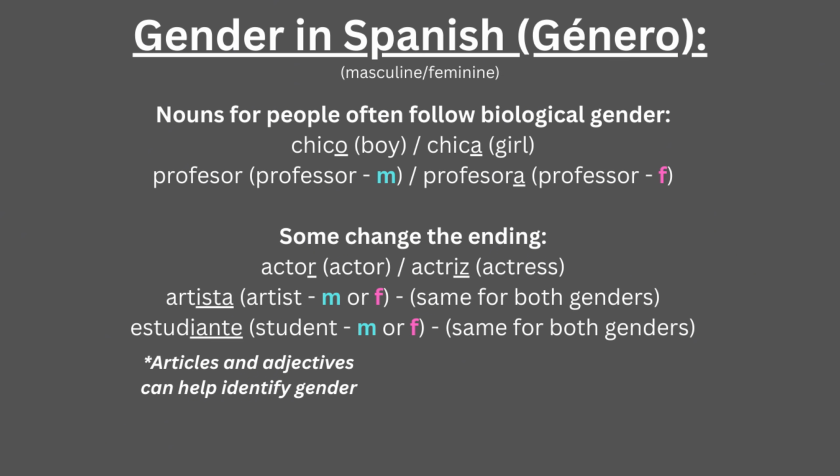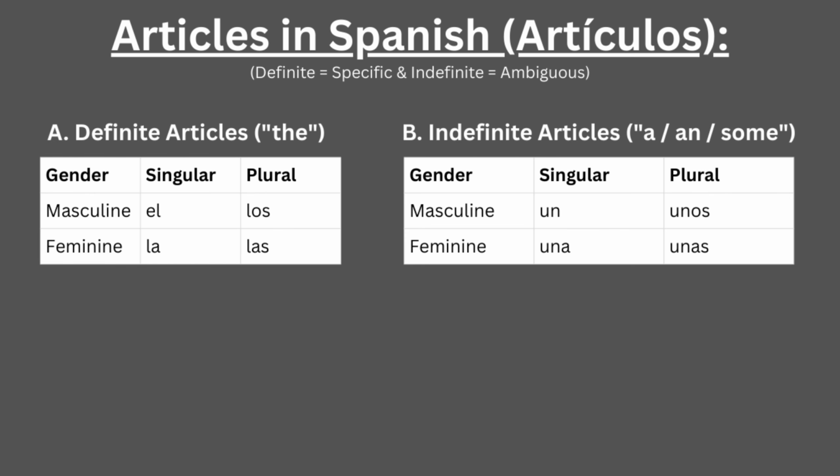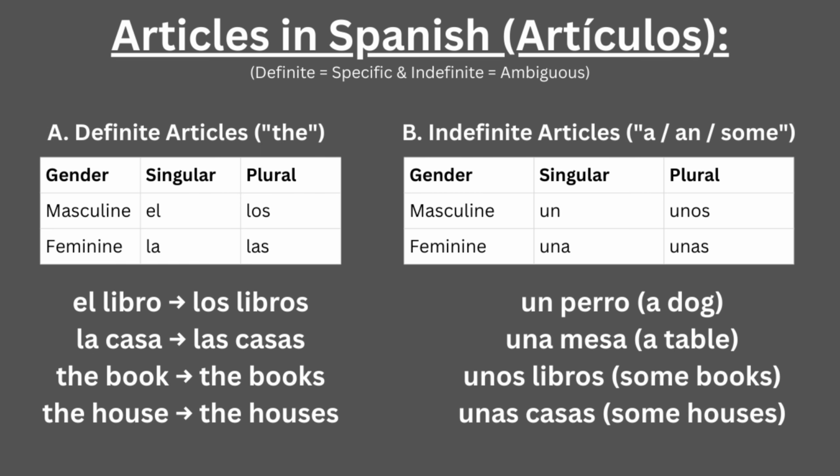After learning gender, we can see Spanish articles that must match the noun in gender and number. Just like English, Spanish has definite and indefinite articles. El, la, los, las. We can reuse previous words.